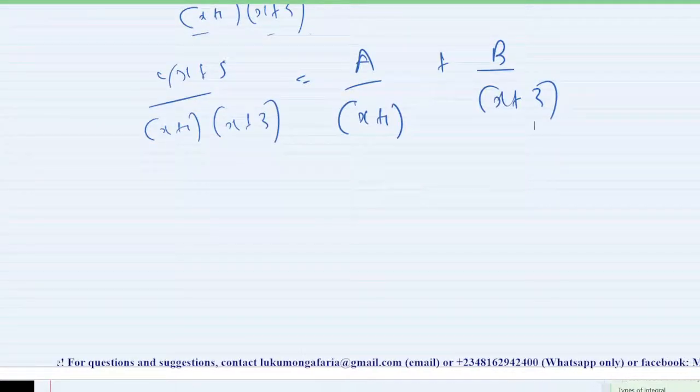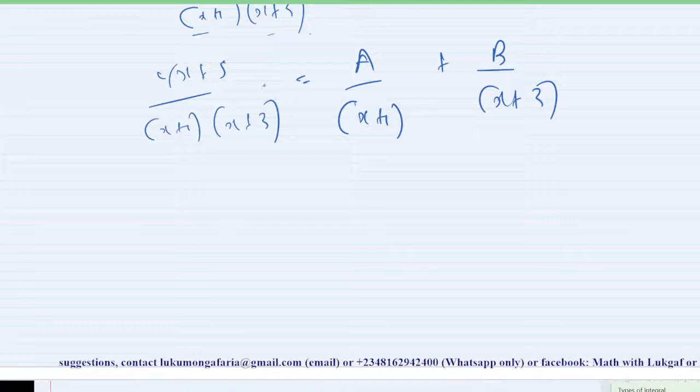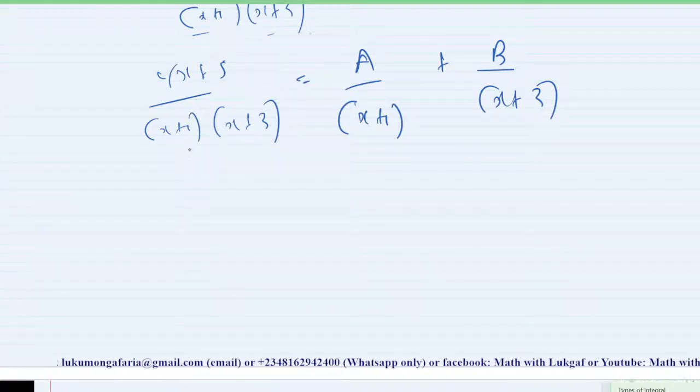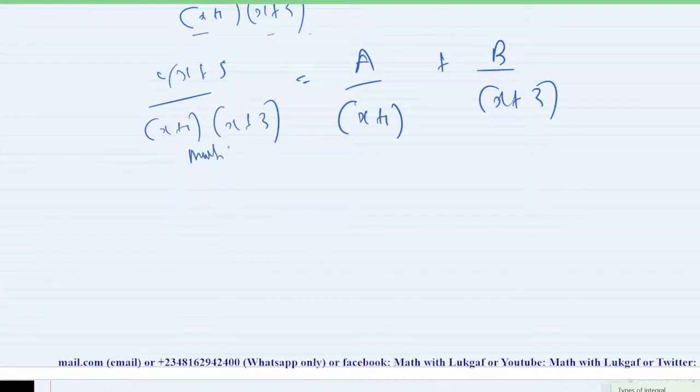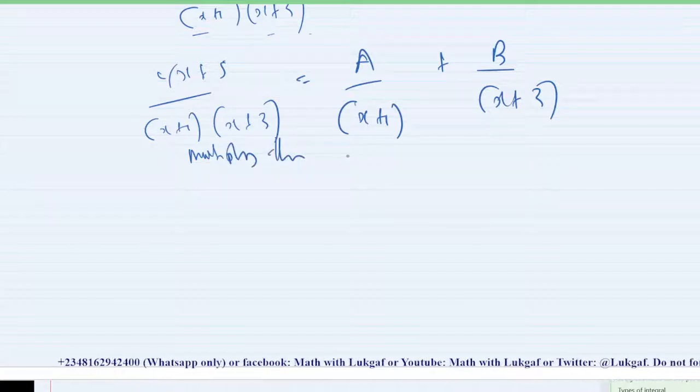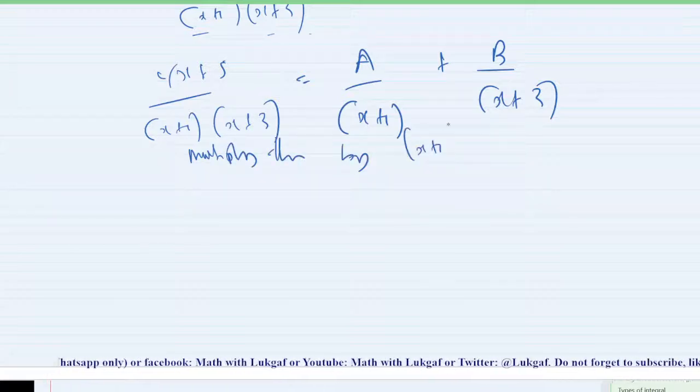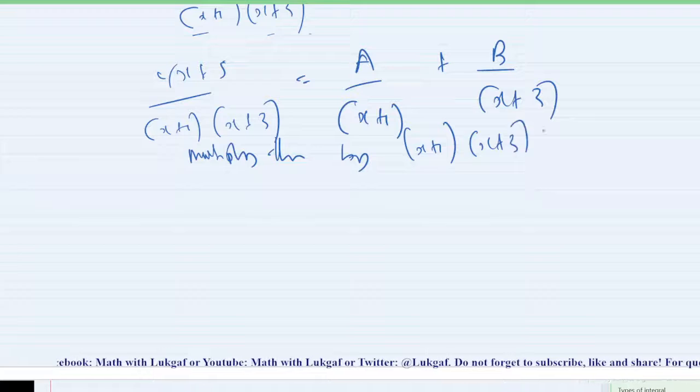Since we want to get rid of the denominators, multiply through by (s + 1)(s + 3).